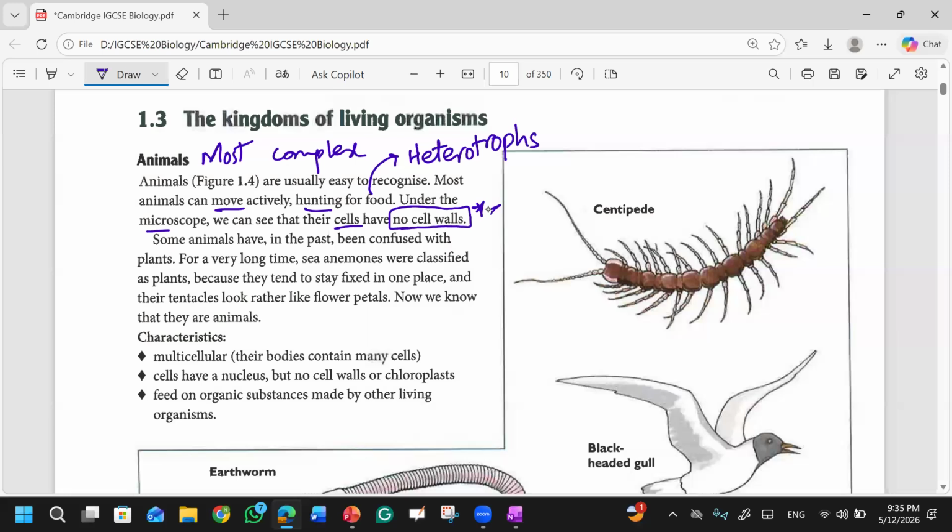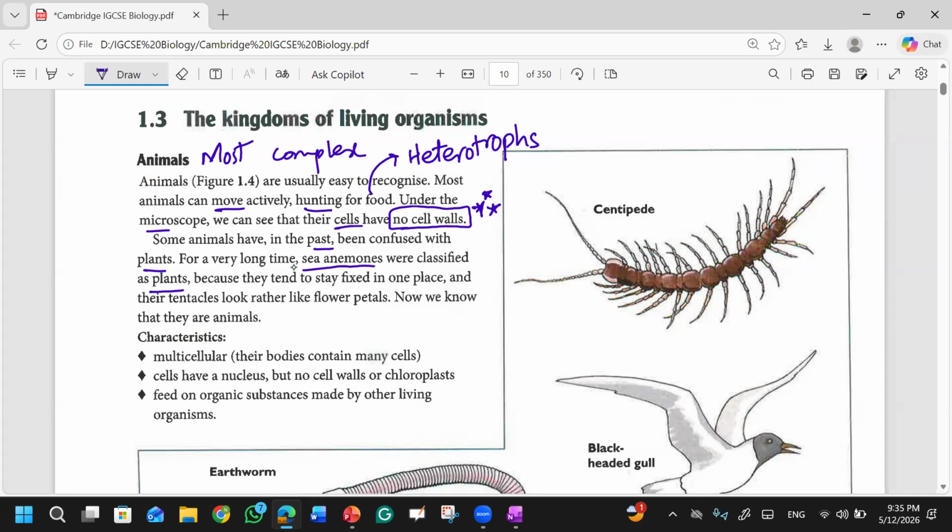This is important information. Some animals have in the past been confused with plants. In the past, they categorized animals with plants because of some common things, but afterwards they differentiated that plants must be in one group and animals in another. For a long time, sea anemones were classified as plants.